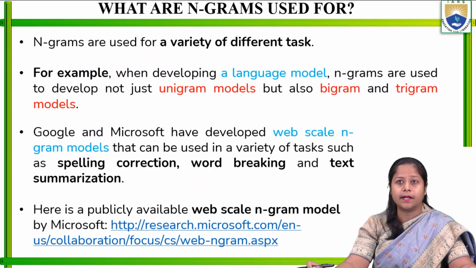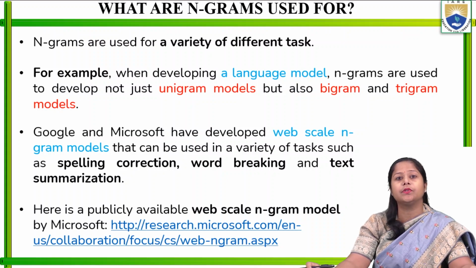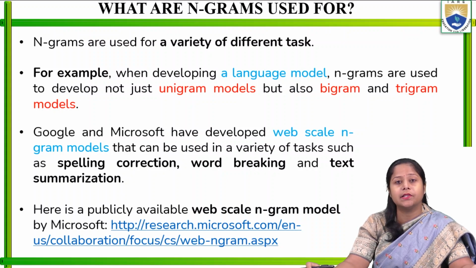So what are n-grams used for? When will we use these n-grams? N-grams are used for a variety of different tasks in natural language processing. For example, when we are developing a language model, n-grams can be used to develop not just a unigram model but also a bigram model, a trigram model and so on.